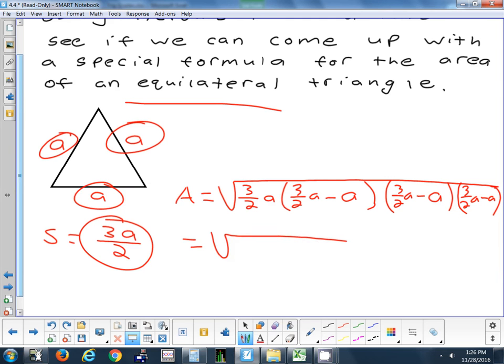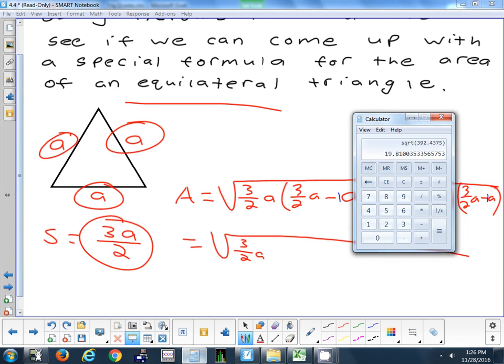Okay, so there's no number in front of any of those A's, but what is there but it's invisible? A 1. Yeah, so it's 3 halves A minus 1A, 3 halves A minus 1A, and minus 1A.